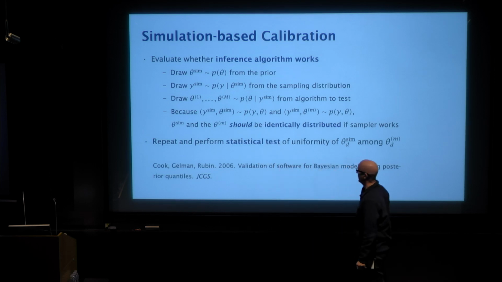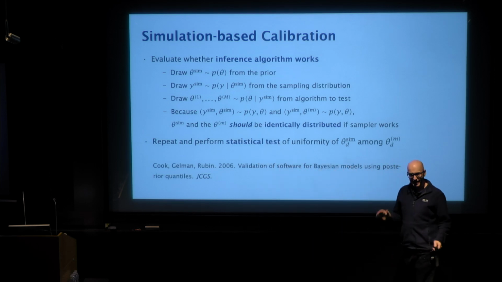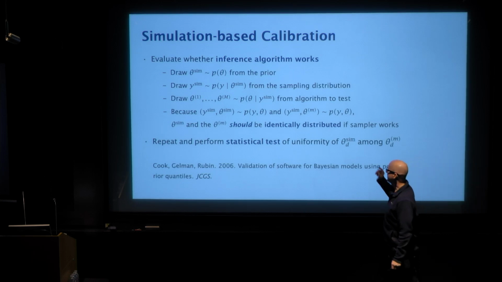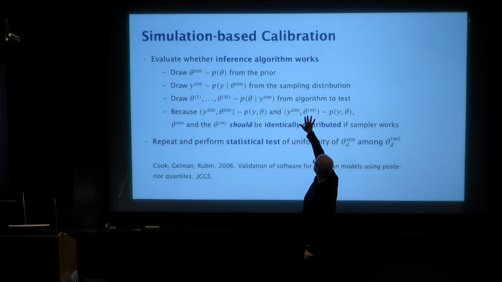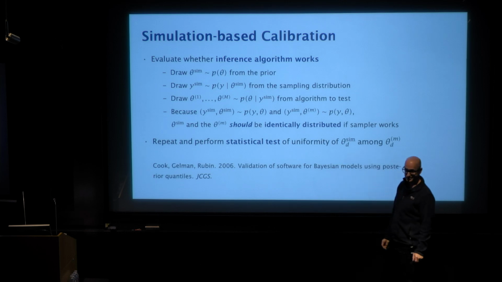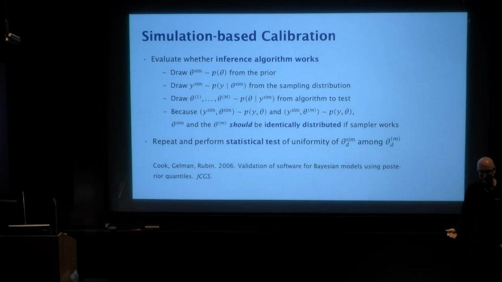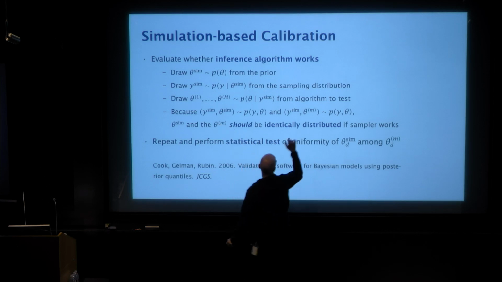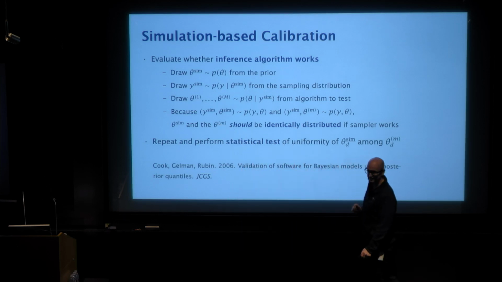If the algorithm is correct, if those draws actually are draws from the posterior, then y sim with each of those theta m's, every element of this list, is also a draw from the joint distribution. Now we're getting somewhere. We have a draw over here from the joint distribution, and a whole bunch of draws over here from the joint distribution.